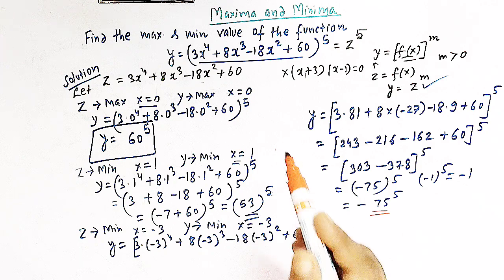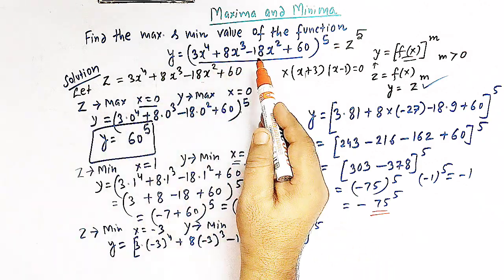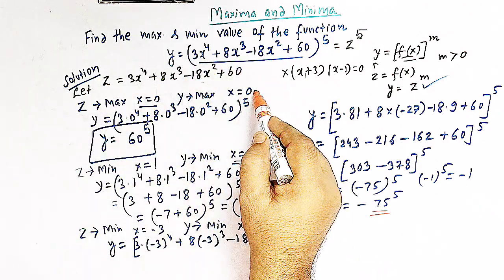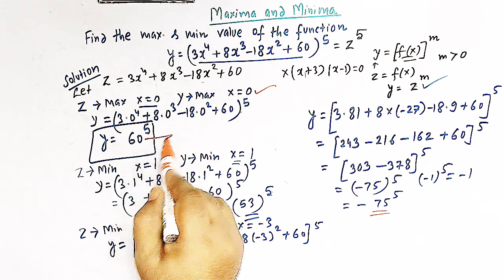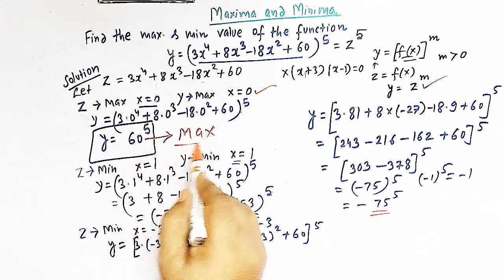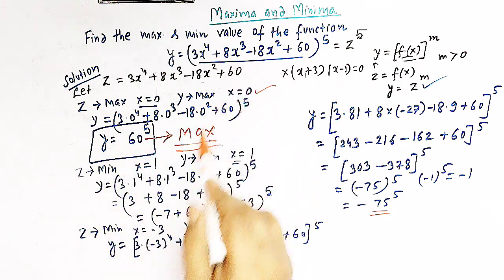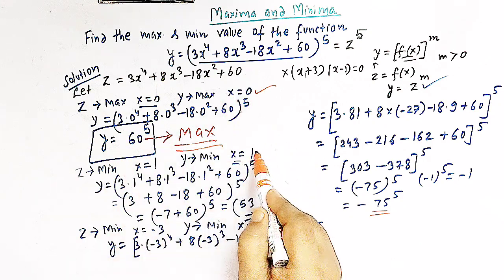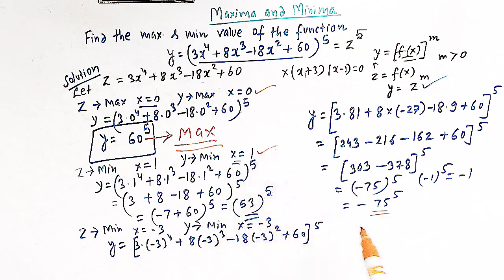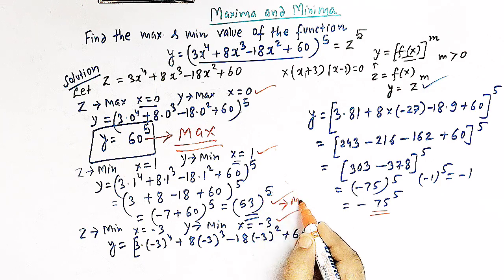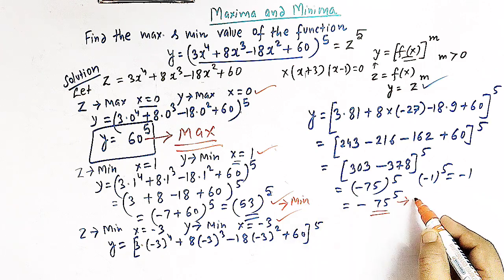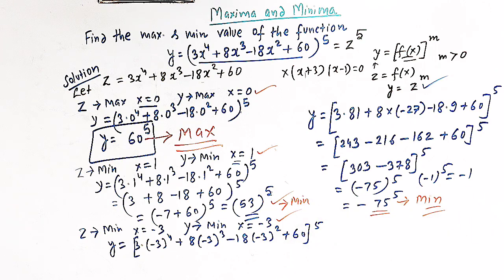So here we have seen that this function y is maximum at x is equal to 0, and this is the maximum value, that is 60 raised to 5, and the minimum value occurs at 2 points, that is x is equal to 1 and x is equal to minus 3, and the minimum values are 53 raised to 5, and this is minimum, and here this is also minimum, right?